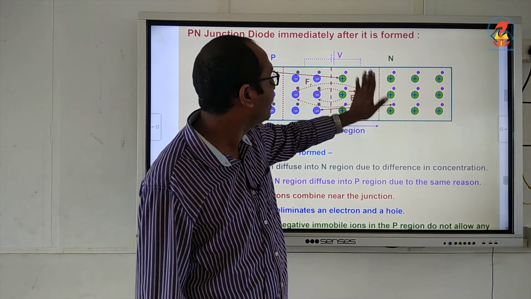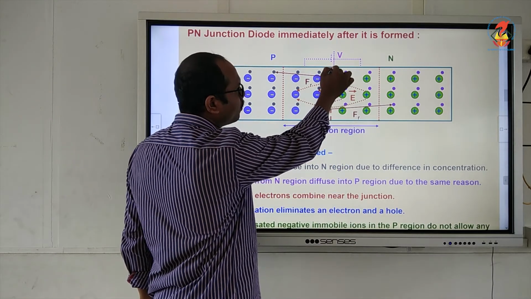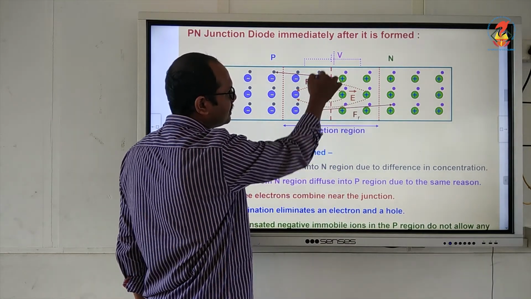It will not happen in these other spaces. It will happen only for the electrons and holes just near the junction.